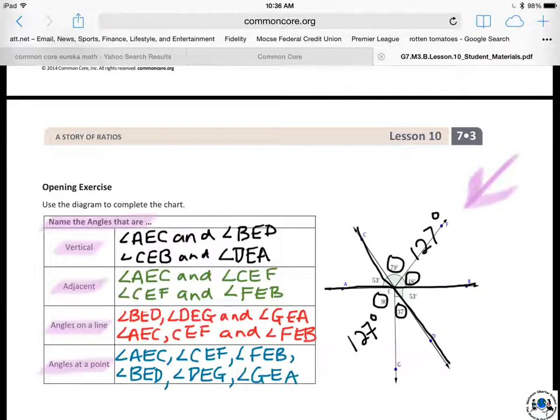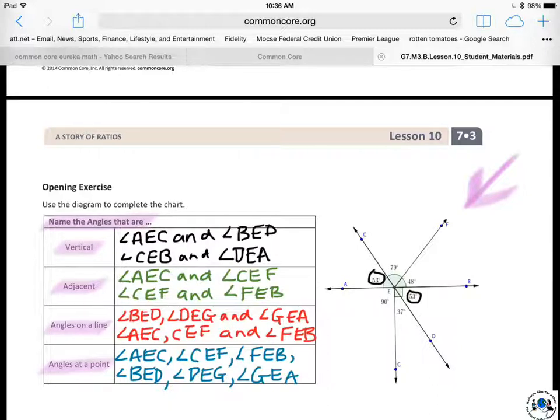So those two are also vertical. Except for the first two I talked about, AEC and BED, which are the only two clearly vertical by sight, the others would have taken some creativity. Hopefully you were able to find those.